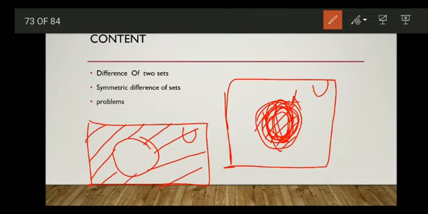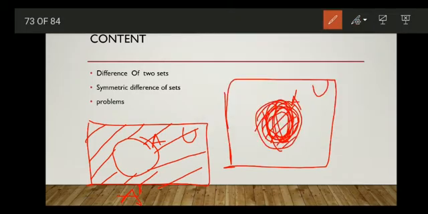Except the elements of A, we have to consider all other elements. This will be A complement. So the complement of a set A is the collection of all the elements in the universal set other than the elements of A.